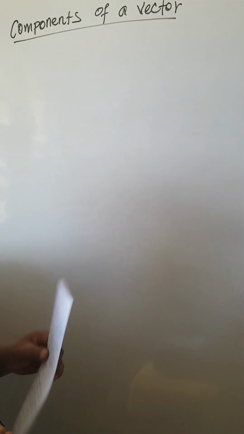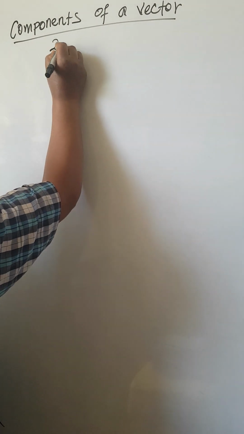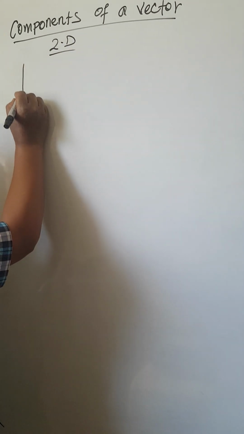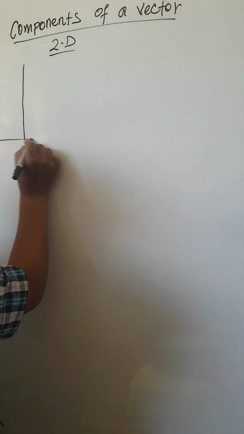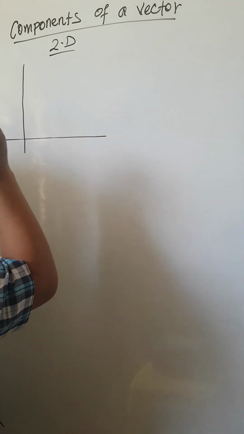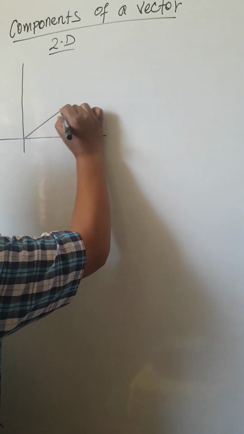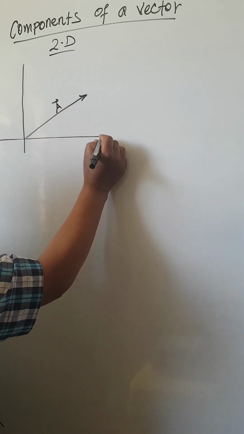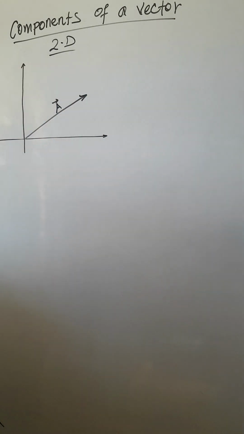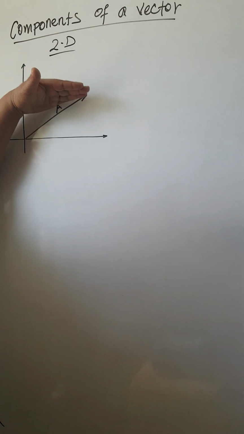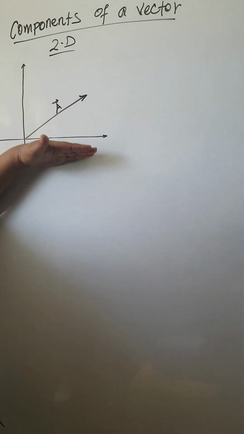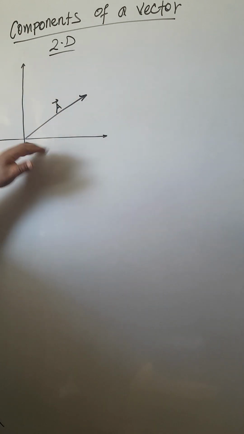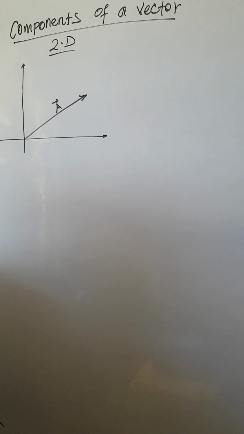Components of a vector in 2D. In 2D, a vector can be represented along x and y. So if we have vector A between the x and the y-axis, it's making a shadow on the x-axis if a light is just on it, and a shadow on the y-axis.